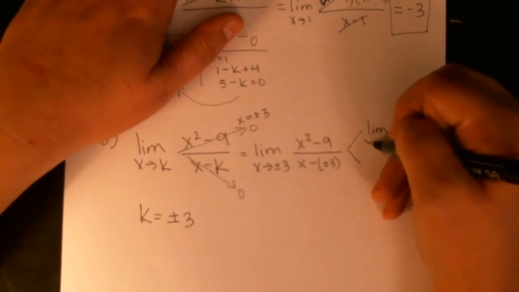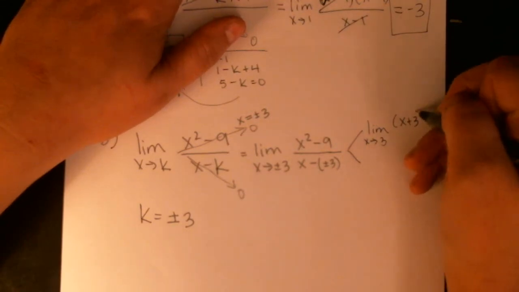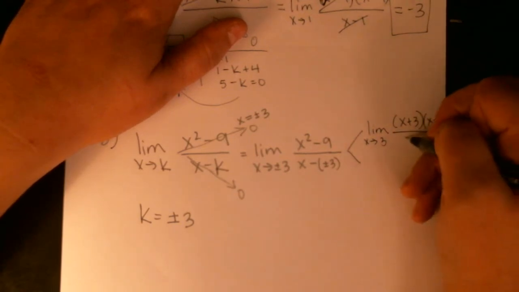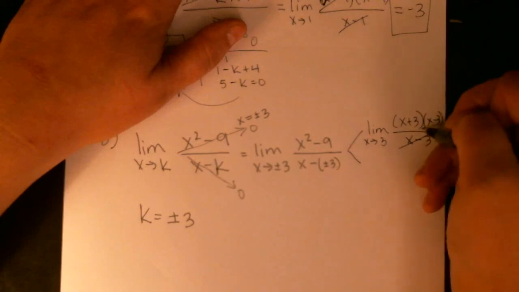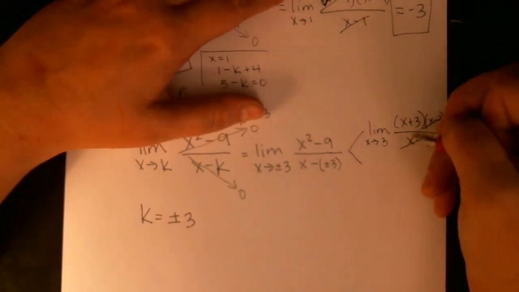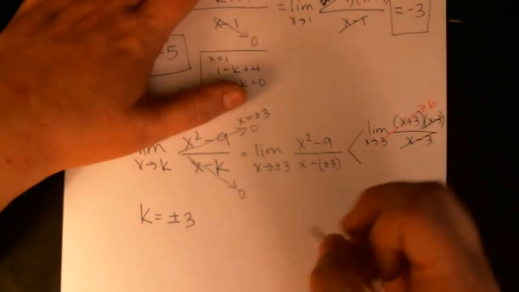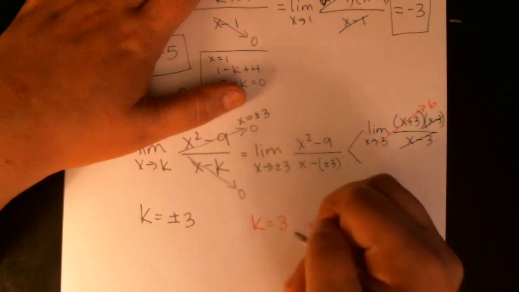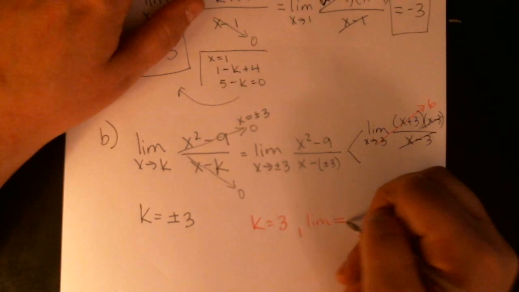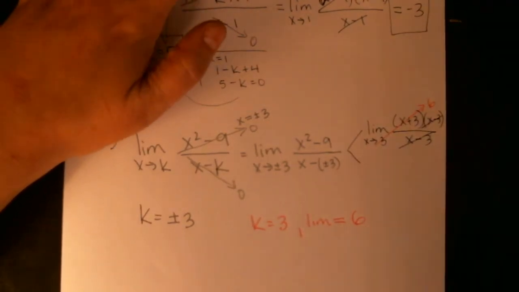Okay, so the limit as x approaches positive 3 of, I'm going to go ahead and write the factors out, x plus 3, x minus 3 over x minus 3. So if x approaches 3, this is going to go to 6. So if k equals 3, then the limit is 6. That's kind of terrible shorthand, but just so that you can see what I found.